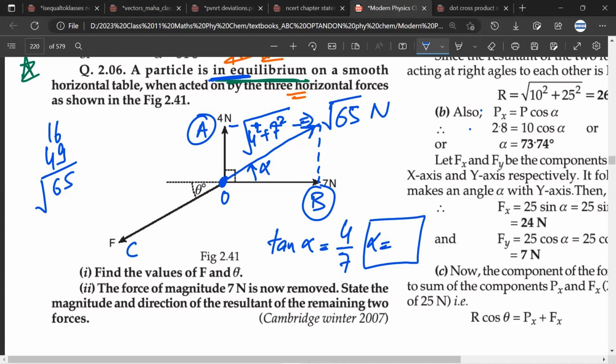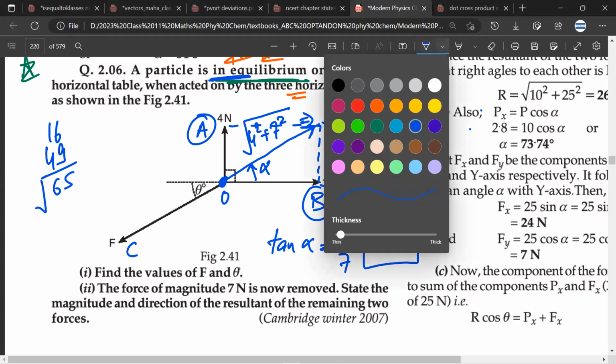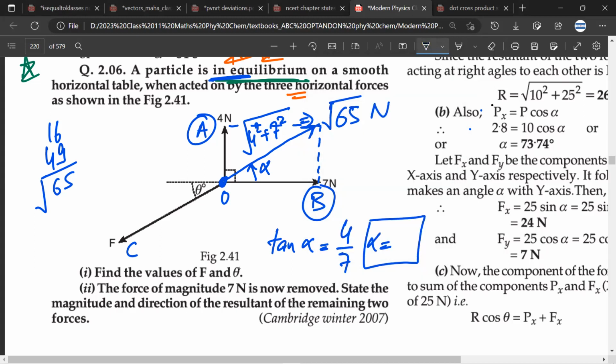So basically, what we have done till now is that I have replaced this force and this force by a single force of √65 Newton and a certain angle which I can calculate, which is pointing in this side. Are we clear? Yes.